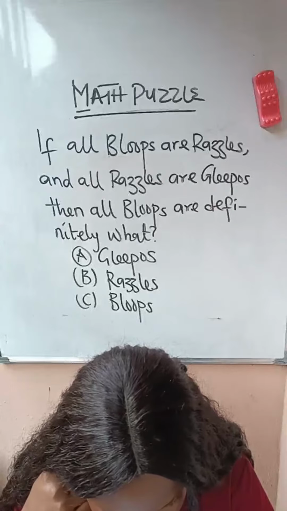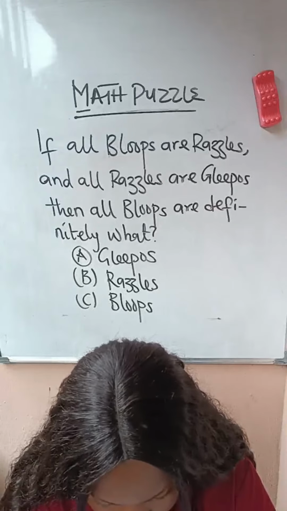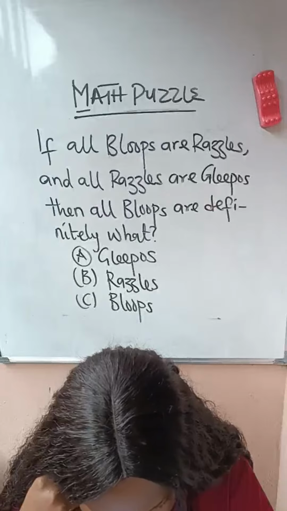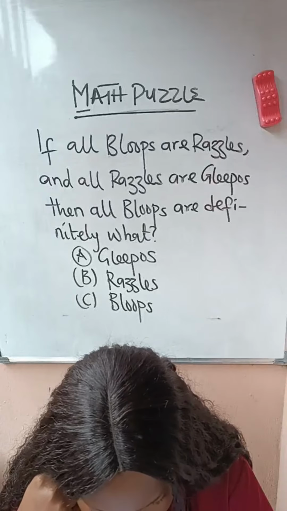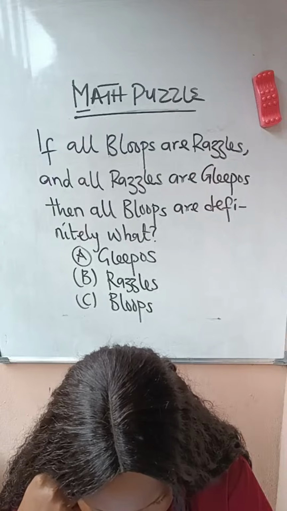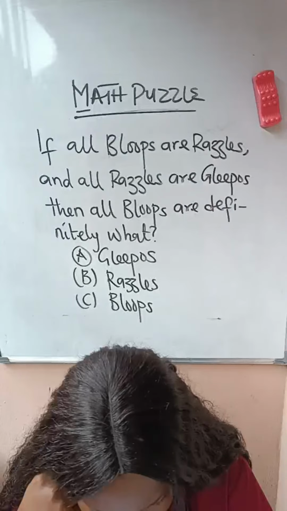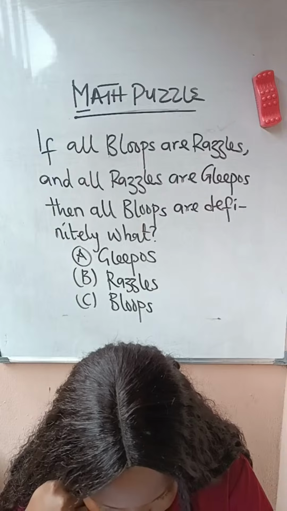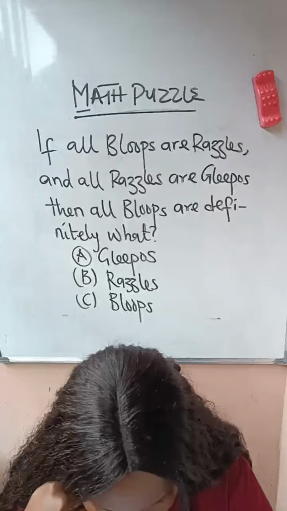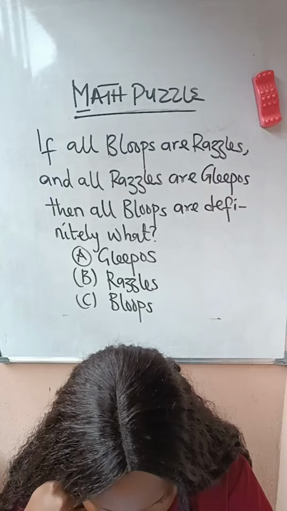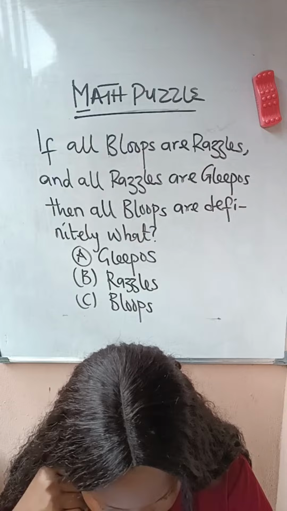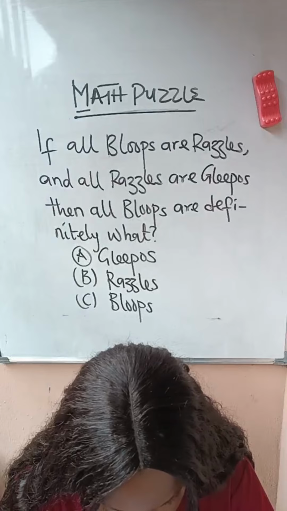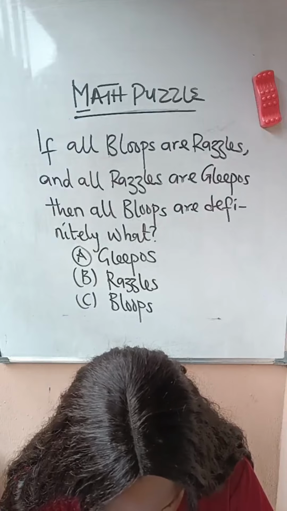If all blues are razors and all razors are glyphos, then all blues are definitely what? 620 says B. Citizen says, but the only thing definitely is that blues are blues.